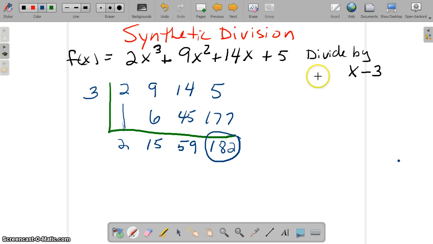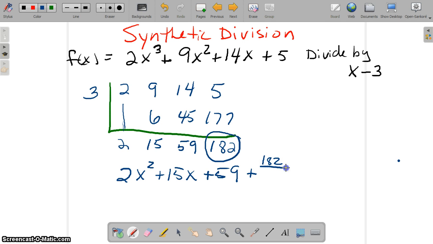Okay? So if I were to write out what this looks like, basically I have to grab 2x squared plus 15x plus 59, and then I've got my remainder, which we talked about already, 182 over x minus 3.